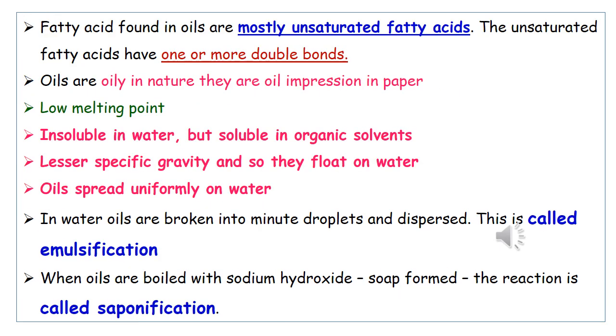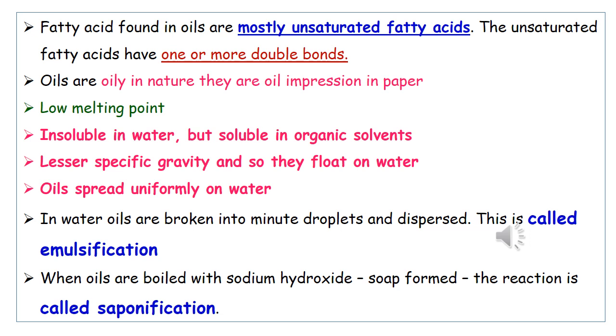Fatty acids found in oils are mostly unsaturated fatty acids. The unsaturated fatty acids have one or more double bonds. Oils are oily in nature. They leave an oil impression on paper. They have a low melting point, insoluble in water but soluble in organic solvents.